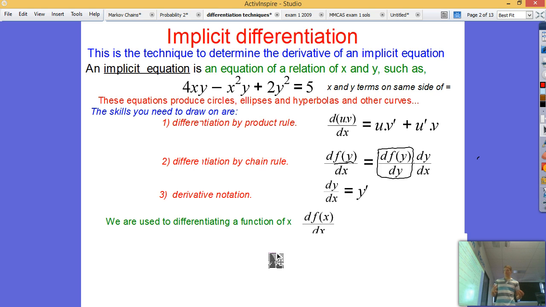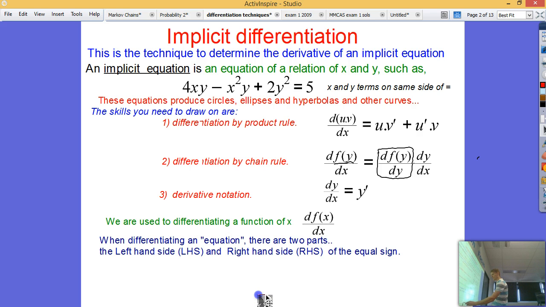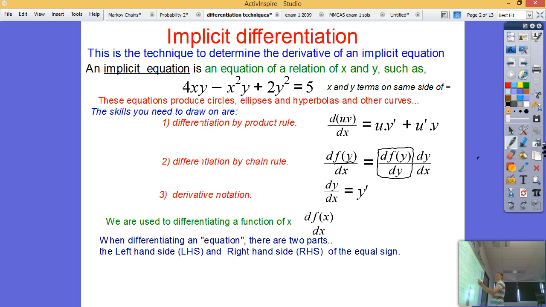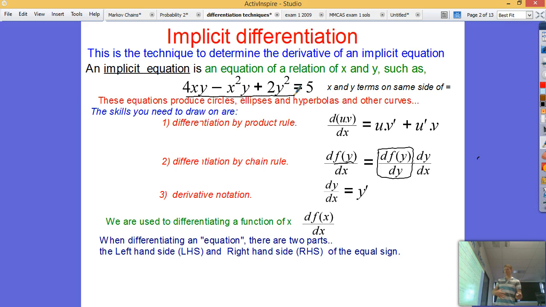Now, when we're differentiating these implicit equations, there's an approach we have to follow. You've got to think about it. We're differentiating in two parts. We're going to differentiate the left-hand side of the equation first, as a separate job to differentiating the right-hand side of the equation.